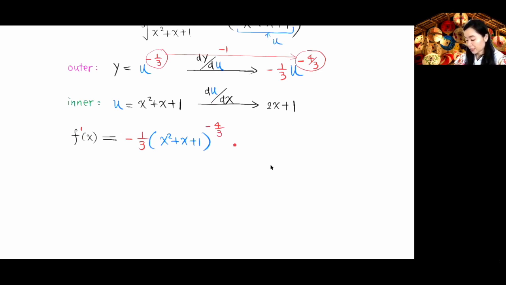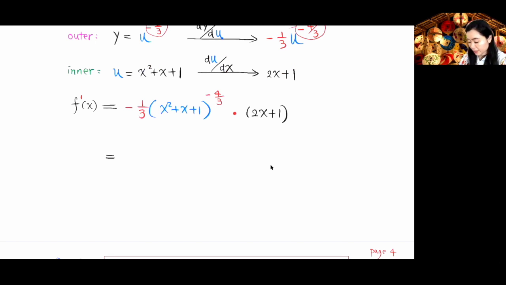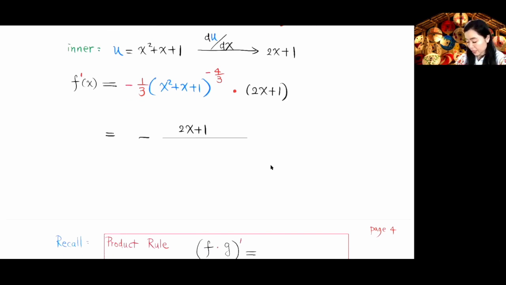The derivative of the inner function here is 2x plus 1. You can rewrite it this way. You can put negative 2x plus 1 in the numerator, and then you have this 3.